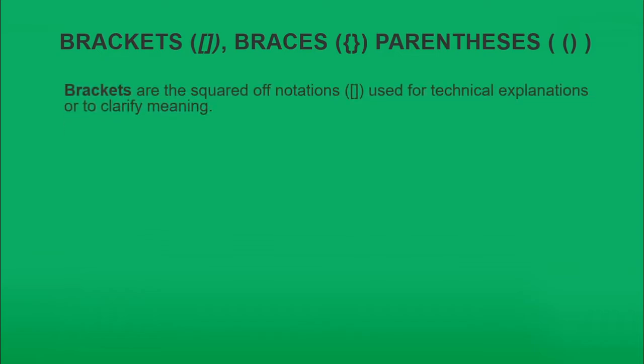Brackets are the squared-up notations used for technical explanations or to clarify meaning. For example, Mr. Jones [the owner] was the last person seen at the house. If you remove the information in the brackets, the sentence will still make sense.